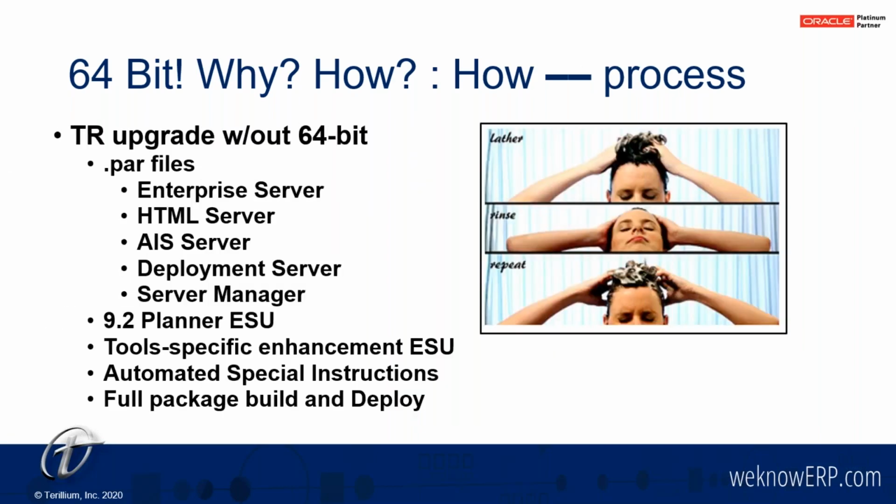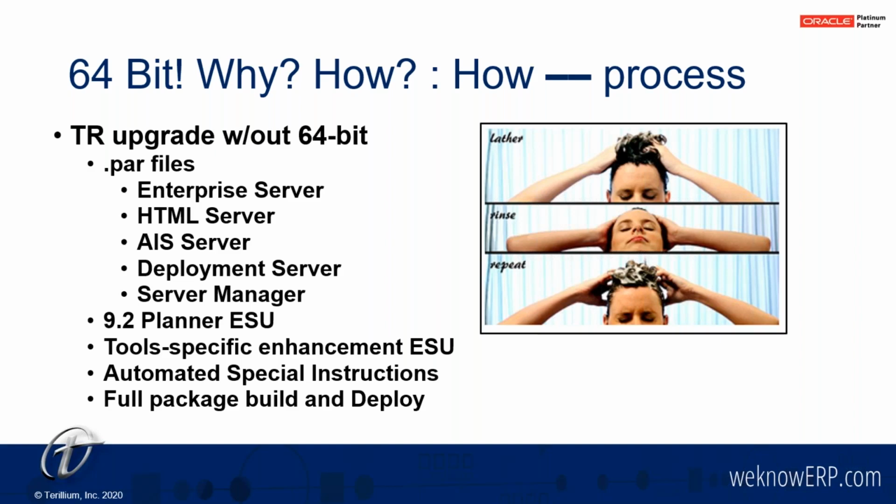So the tools release upgrade, without 64-bit, those of you who have been involved with upgrades or have done upgrades, it's your basic lather, rinse, repeat. You go to Change Assistant, you get a whole big truckload of PAR files for your enterprise server, your HTML, AIS, deployment server, server manager. Boom, you've got all of these PAR files. You have a planner ESU.